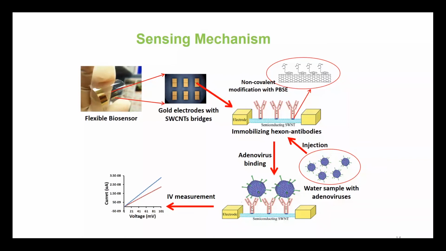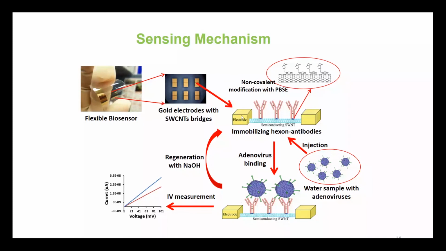So after they capture them, we wash the surface with PBS, trying to wash away the impurities coming from the water sample, and then we did the IV measurement. Just before injection and after injection, the difference between them gives us the signal coming from just the adenoviruses. So after we test the system, we try to regenerate the surface. We try to cleave the virus from the antibodies and reuse the clean biosensor surface again and again.